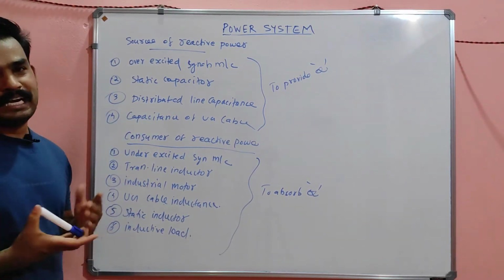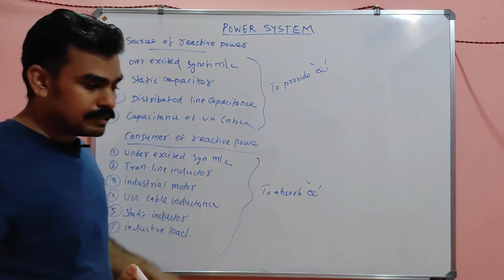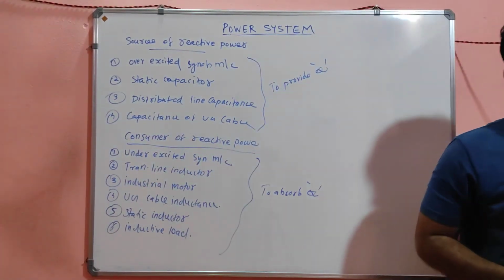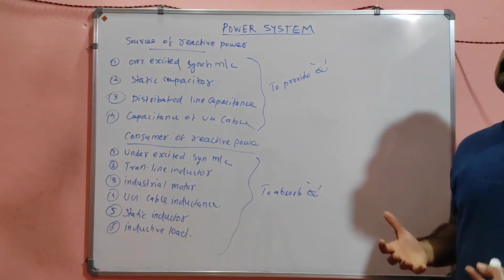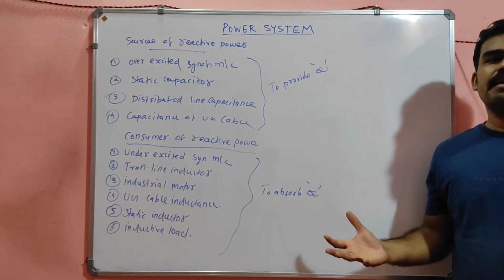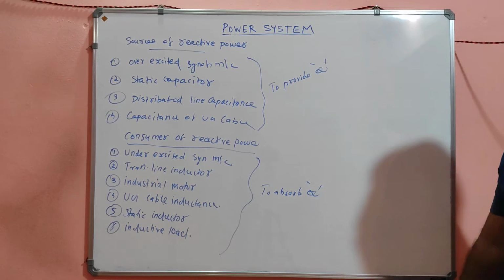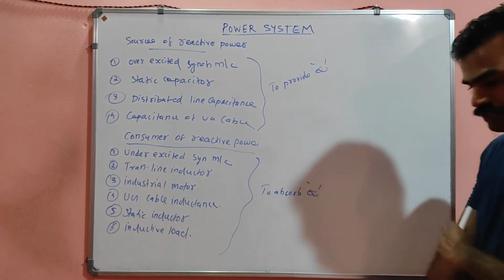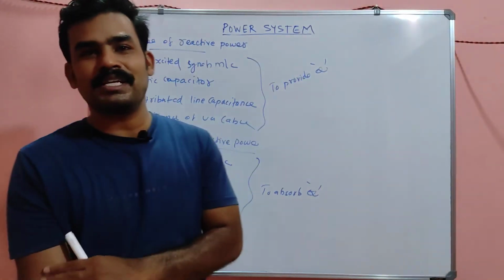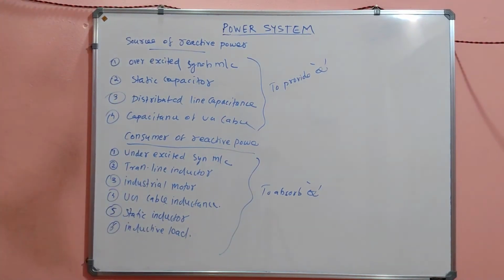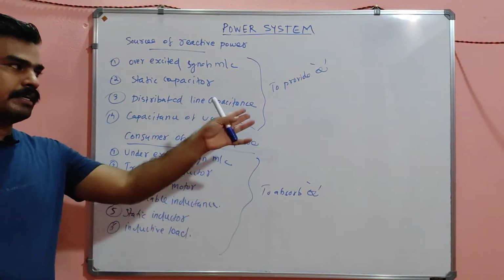And the transmission line inductor: of course there will be inductance as well as capacitance in the transmission line, and the inductor is responsible for the absorption of reactive power. Industrial motors and induction motors connected in the line are inductive loads, so they are also absorbers of reactive power.